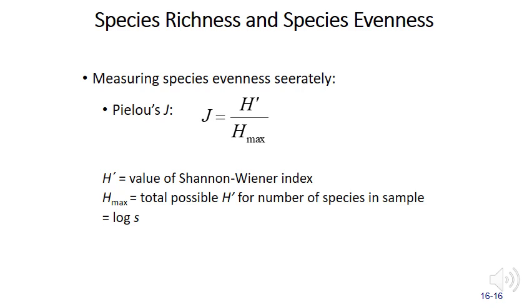So it's the total possible H value for the number of species in the sample. And that's the same as the log of S, so the log of species richness. So as the species evenness in the community you're studying increases, the value of J gets closer and closer to 1.